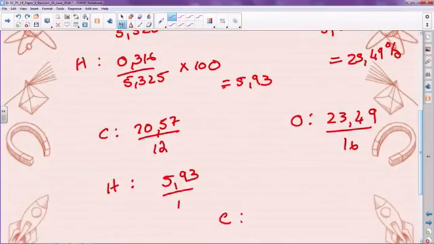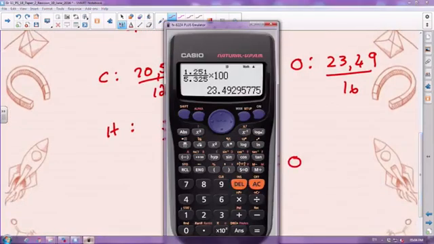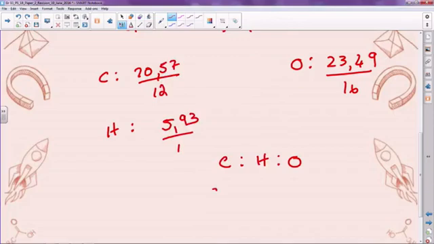So if we line up our carbon to hydrogen to oxygen, let's just work out quickly what they are. 70.52 divided by 12 for carbon. How do I know that? I looked on my periodic table quickly. That gives me 5.88.